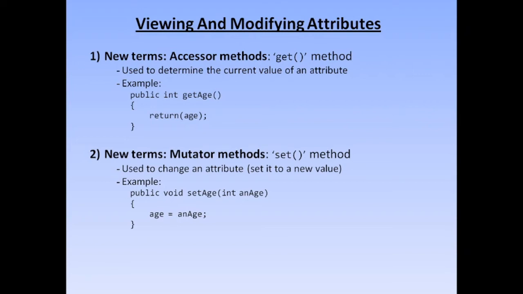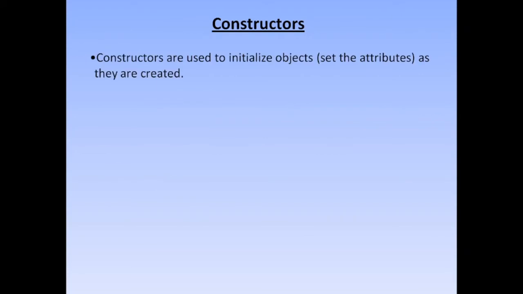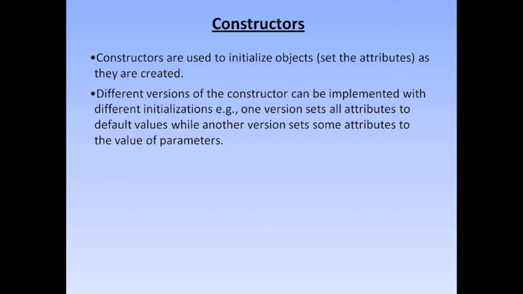So in order to get the value or set the value, we make methods: in order to set the value, we make set methods, and in order to get the values of an attribute, we make get methods. Now, what are constructors? Constructors are used to initialize objects, setting the attributes as they are created. I've already gone through these constructors. Let us have a brisk view.